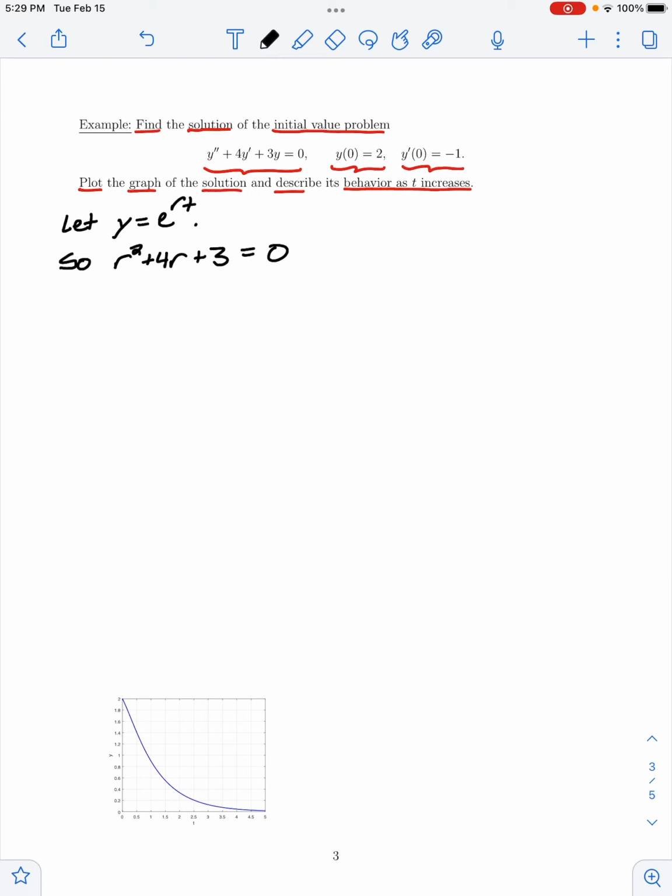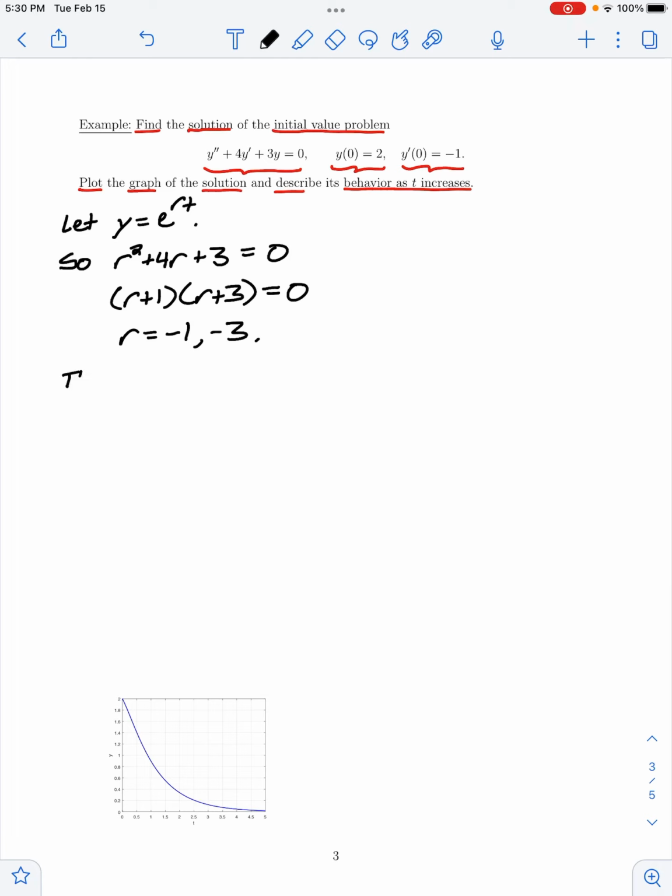And here to solve for r, we could factor. This factors as r plus 1 times r plus 3 is 0. And therefore our roots are -1 and -3, two distinct real numbers.